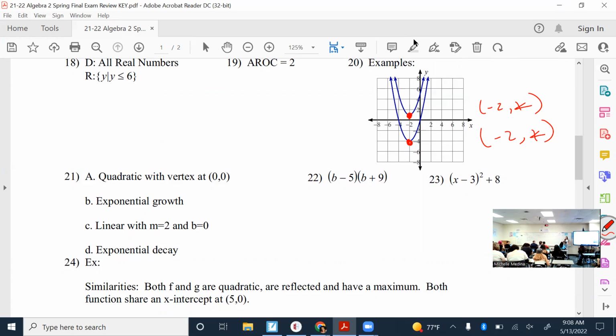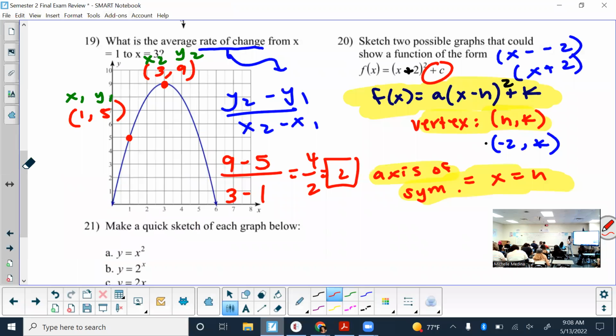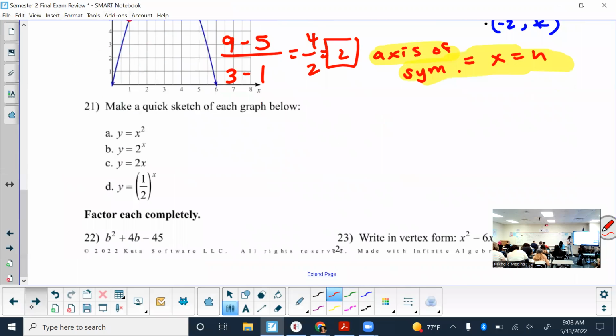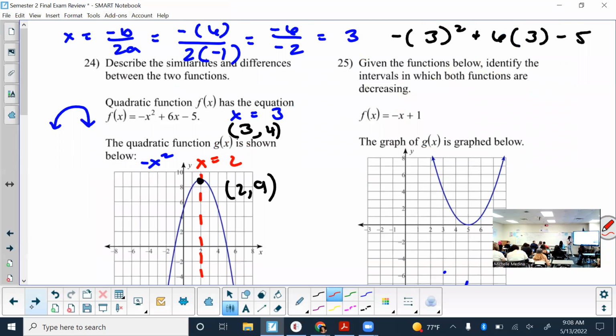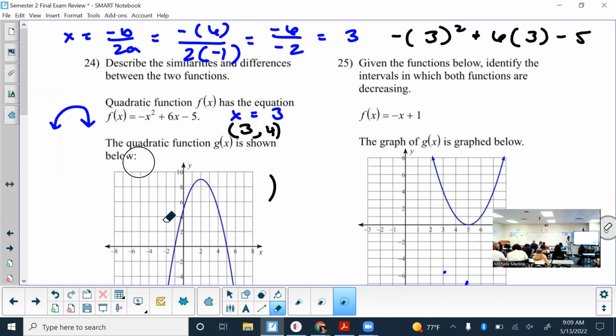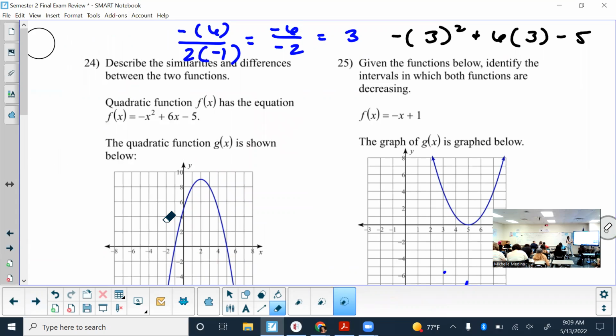Which other ones? Yes, Sammy? 24. All right, so 24. It gives you 2 different functions. One of them is graphed, so that's the g of x function, and the other one is an equation.